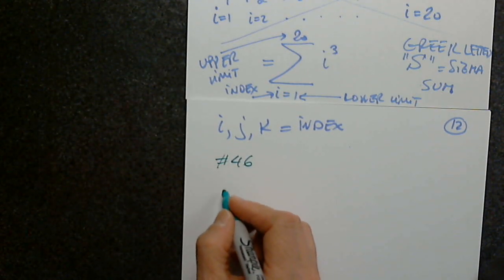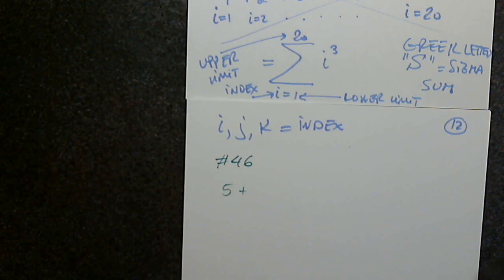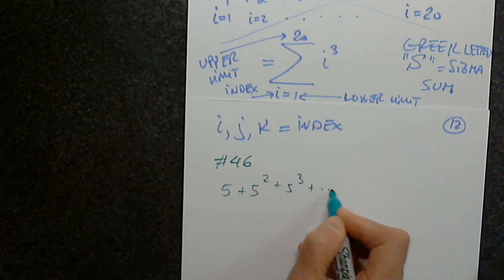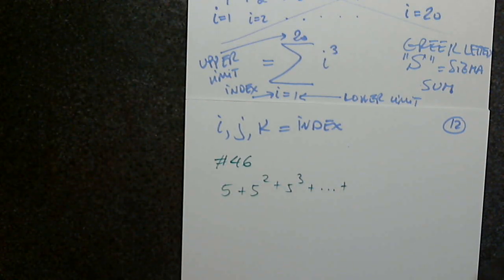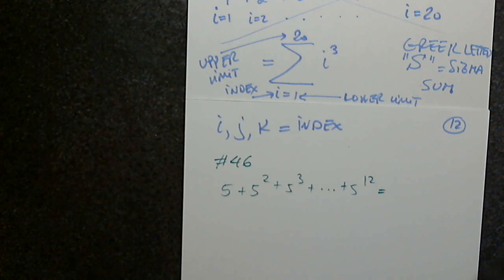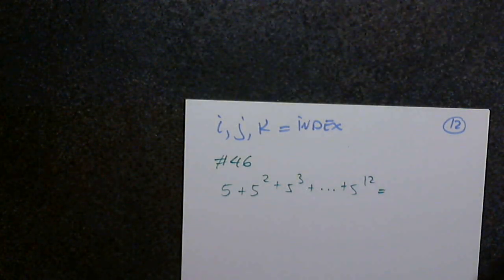In 46, one more example like this and then go backwards. 5 plus 5 squared plus 5 cubed plus 3 dots, exactly 3 dots, 5 to the 12th power. They say this: express each sum using summation notation. Use any index you like. You can use I or J or K, it's up to you.